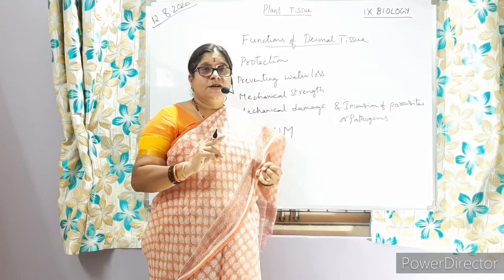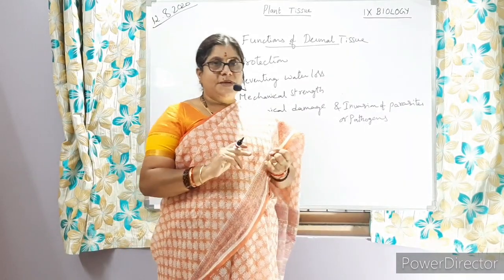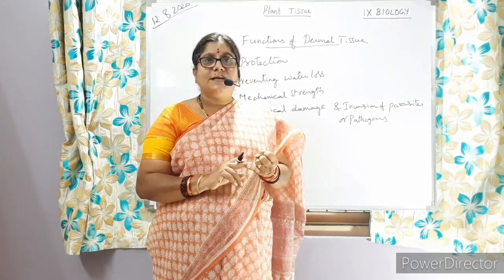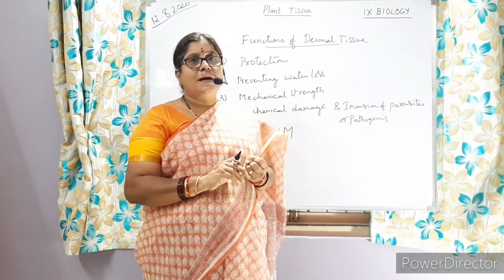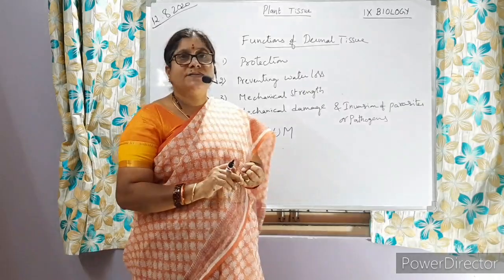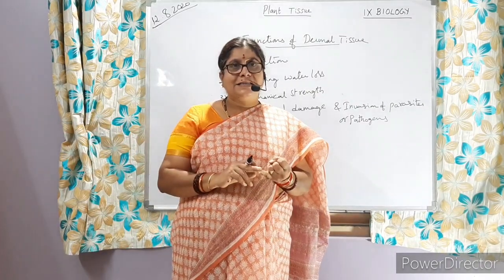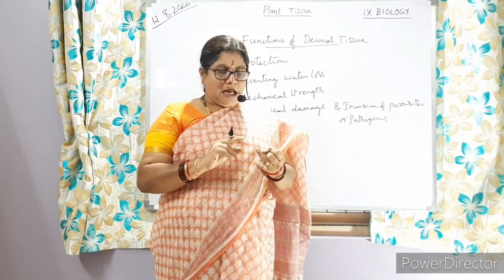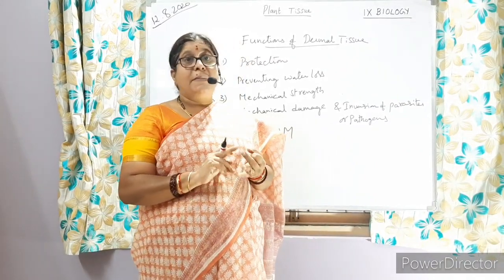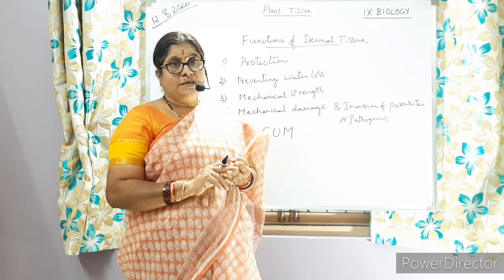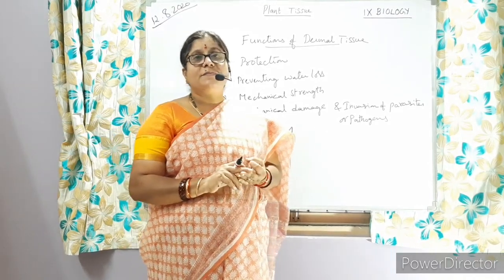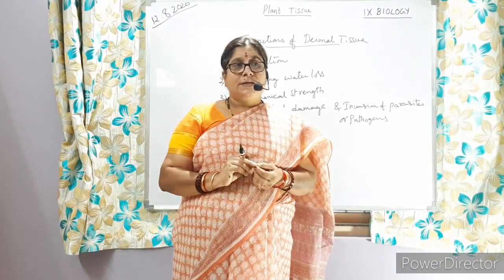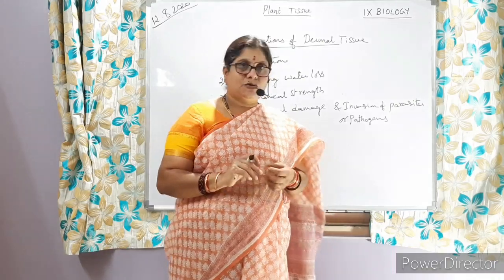So what are the uses of gum? Gum is a sticky substance produced from the injured parts of the dermal tissues of plants. It is used in preparing medicines, adhesives and binding materials. Is it clear to children? Apart from that, it is used in preparing some puddings also.